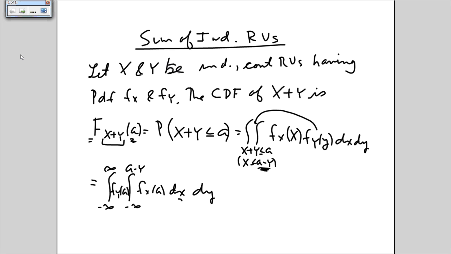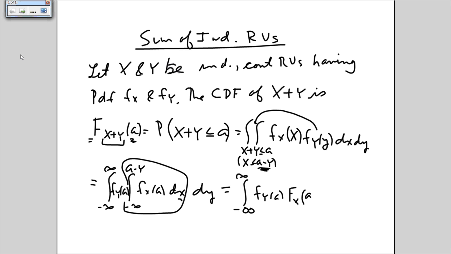And this is equal to the integral from negative infinity to infinity of f_Y of y, and in the big box that I just drew, x goes from negative infinity to a minus y, and we're adding up the PDF. That's the cumulative distribution. That's big F of a minus y, dy.